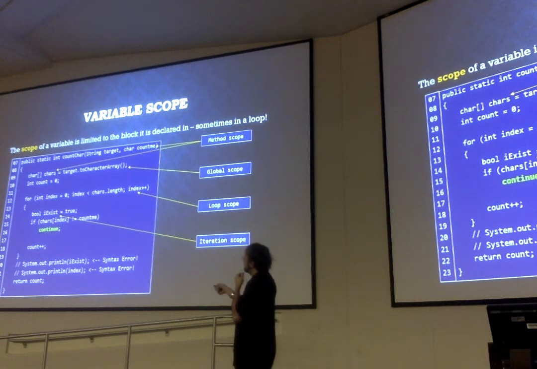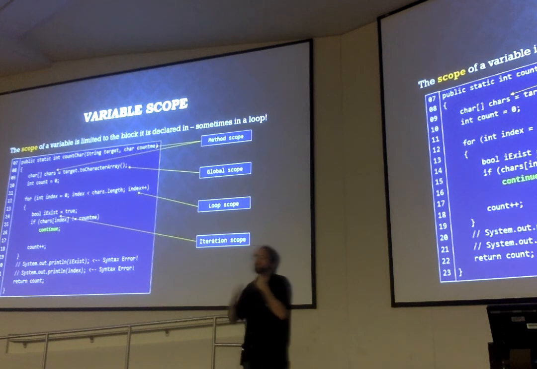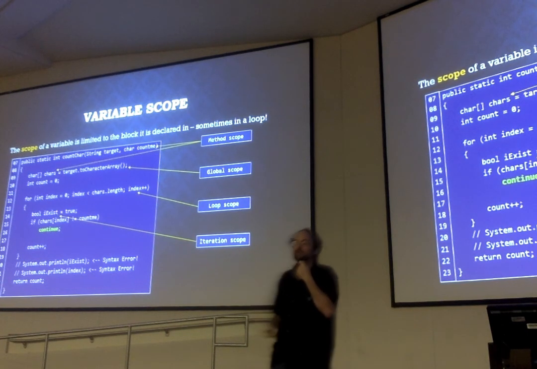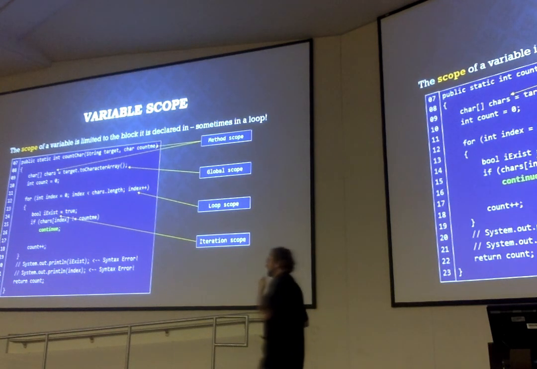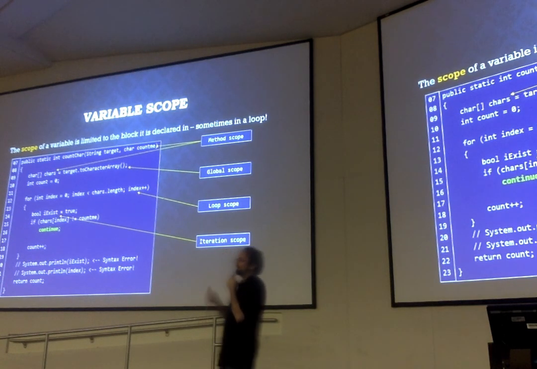That means as soon as this block of code completes, even still inside the loop, if I start again, once I reach the end of this code, that variable disappears. And then at the top, we create a new one again. So it doesn't hold its value, it just disappears from existence and a new one appears. It's kind of like Mr. Meeseeks, right? It's done its job, it disappears.